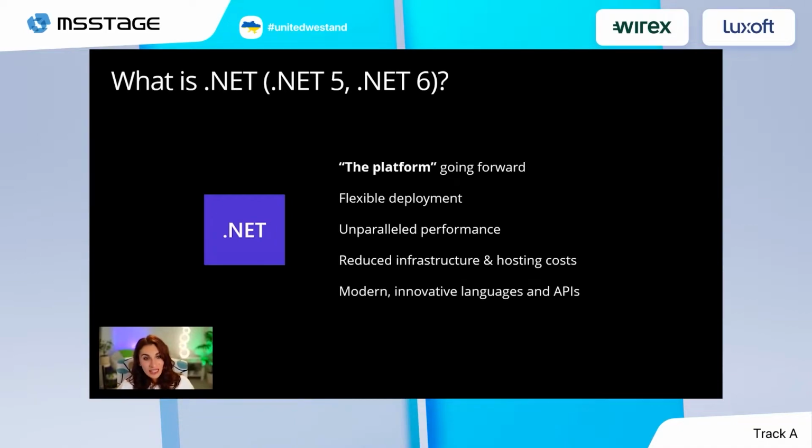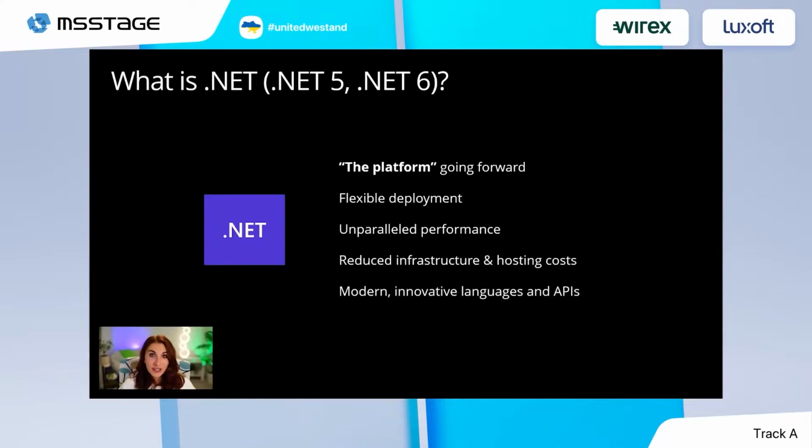So .NET allows flexible deployment, meaning that you can have different versions of .NET on the same machine. You can choose for each application which version of .NET to target. That way you're no longer afraid of breaking changes when you update the framework. If something doesn't work, you can very easily switch back to the previous .NET.